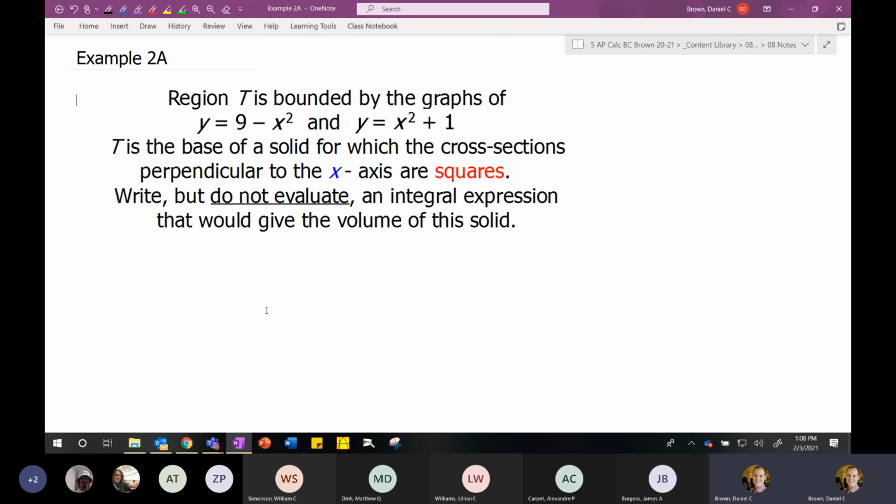Are you doing it in terms of dx or dy? And then once you figure out b, you want to write a formula for the area in terms of b. You want to look at what shape you're using. This is a little bit easier because the shape is just a square. And then your final answer, volume, is the integral of a slice in terms of dx or dy. So try that one, and then I just have one more after this that's going to use that same region.